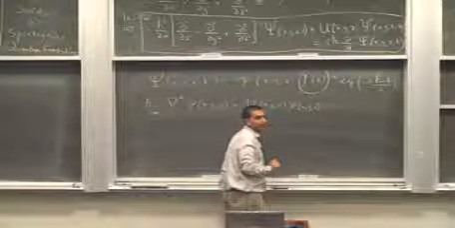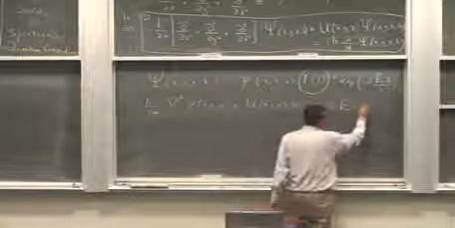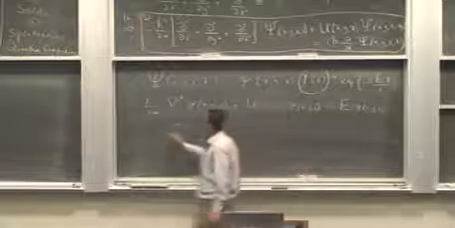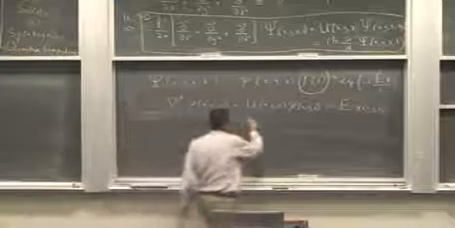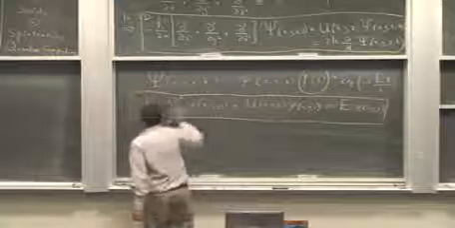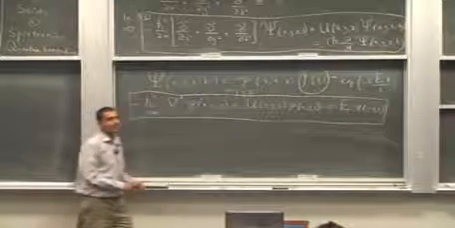What do I write here? The energy. So this is our time independent Schrodinger equation in 3 dimensions.